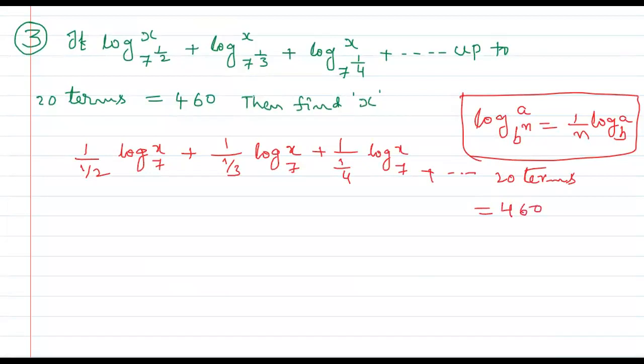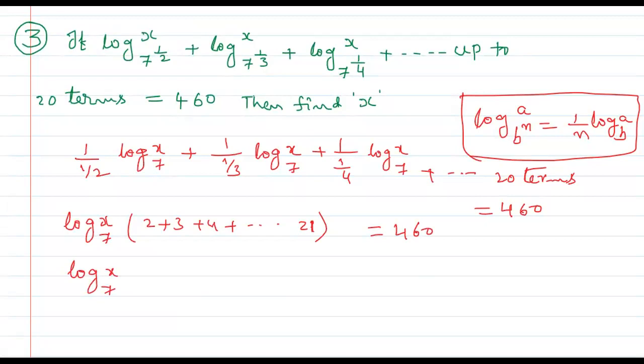Now take log x to the base 7 common, remaining 2 plus 3 plus 4 plus and so on, 20 terms. 20 terms means the last will come 21, starts with 2. That is equal to 460 over log x to the base 7.